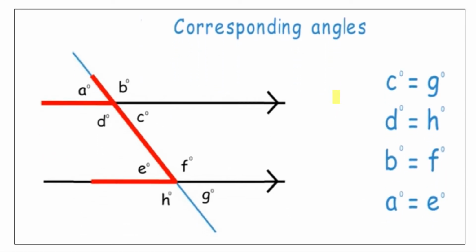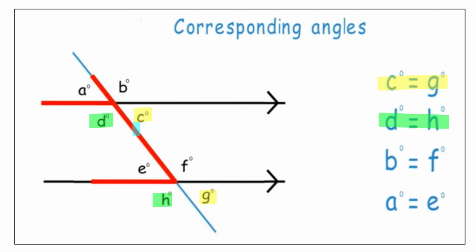If I drew all my F's as the one that we have here, I can see that C and G, I'm going to highlight them, C and G are corresponding angles. And then D and H are corresponding angles, and therefore they measure the same.